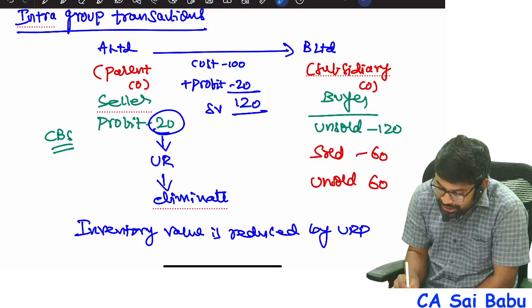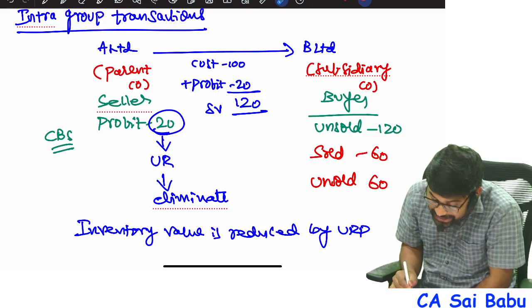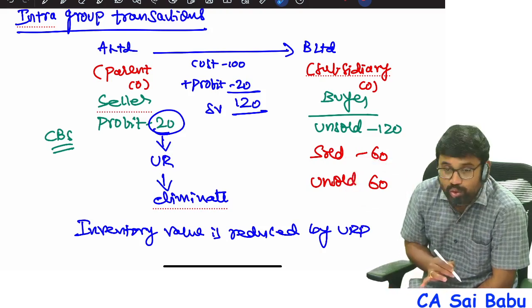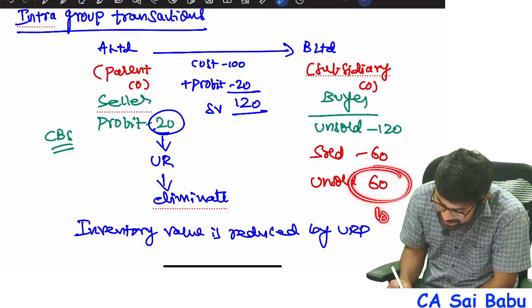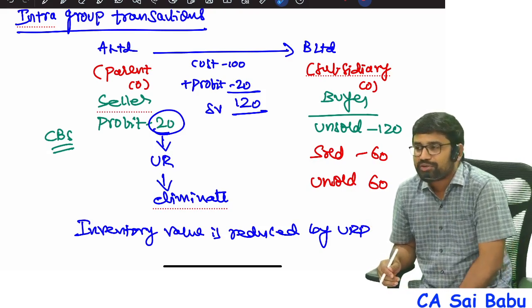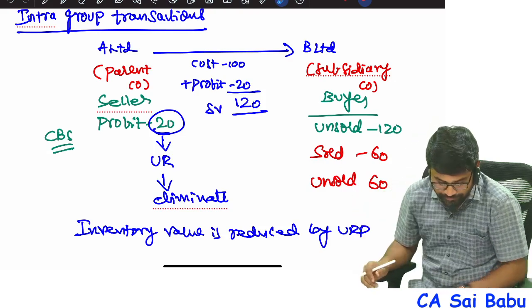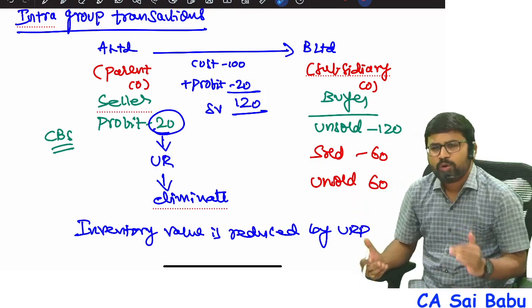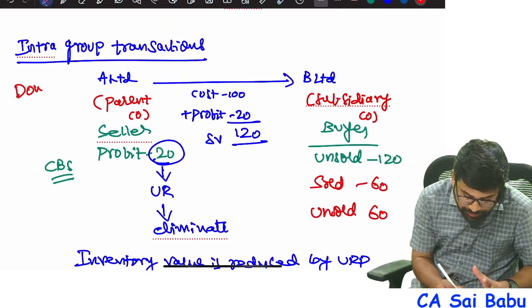That means to the extent of inventory sold, profit is realized, no need to eliminate. To the extent the stock is not yet sold, in that 60, the unrealized profit of 10 you need to eliminate. Therefore, from the parent company post acquisition profits, you reduce 10. At the same time, inventory value is decreased by 10. And this is called a downstream transaction.